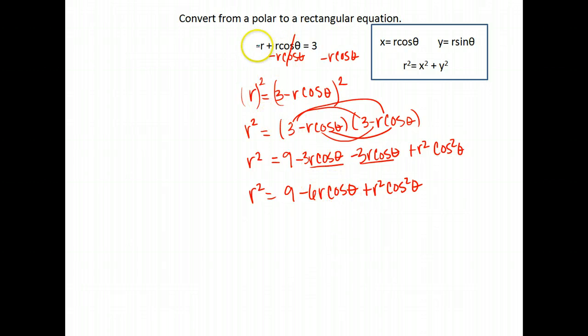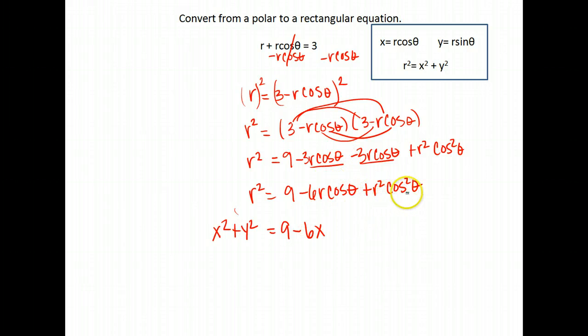Up here we were not okay because that was just an r by itself. I know r squared is equivalent to x squared plus y squared, from my shortcuts there. So I substitute 9 minus 6 r cosine theta is equal to x, so that's a 6x.